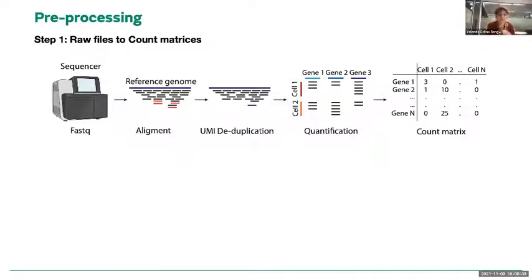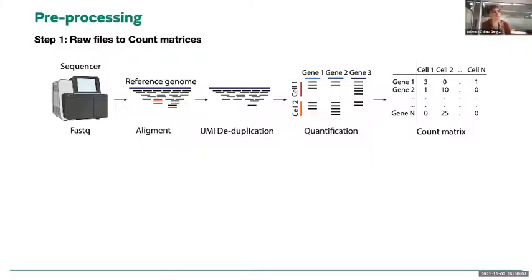You need to remove any PCR duplicates that were generated during the library preparation. This is very easy for single-cell RNA-seq because we have the unique molecular identifiers that mark each molecule that is captured per cell. So every time you see a UMI in a cell that is repeated, it means that it has been duplicated during the PCR process.